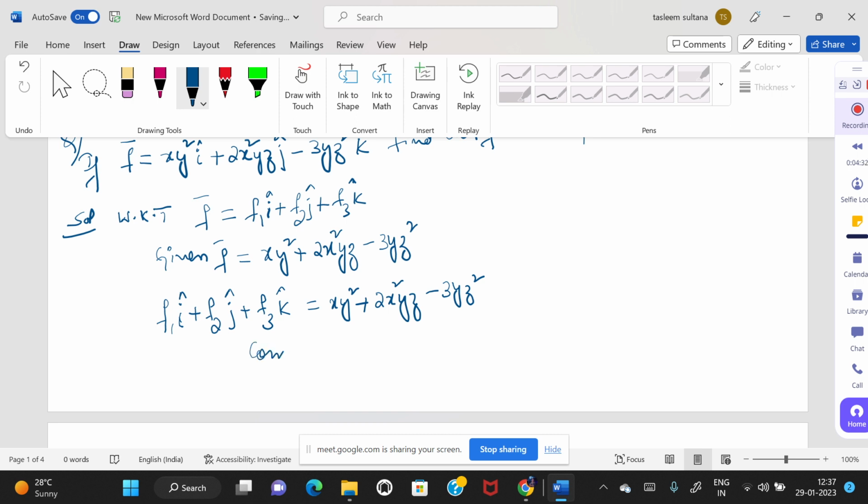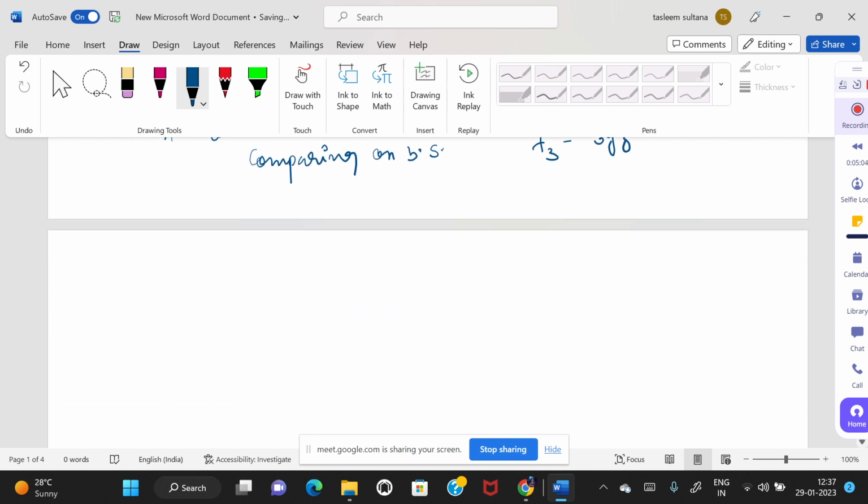Comparing on both sides, I get F1 equals xy square, F2 equals 2x square yz, F3 equals minus 3yz square.